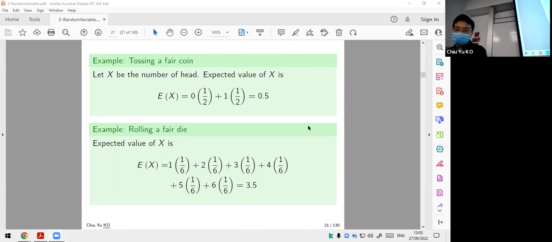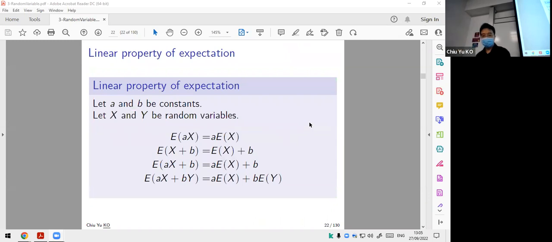If that's okay, then we will talk a little bit more about what we call the linear property of expectation. Although this name looks complicated, it doesn't mean difficult. If you care about the multiplication of the random variable, you can just take it out.